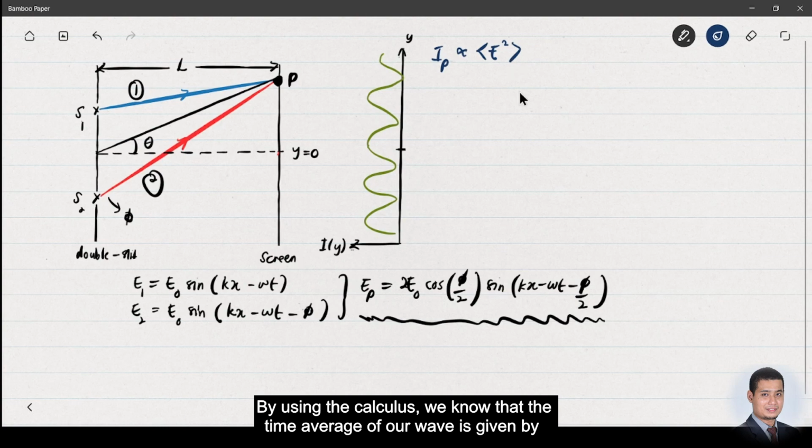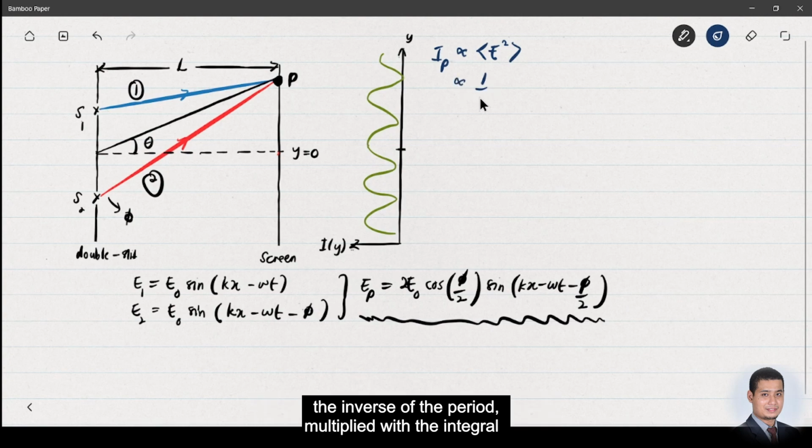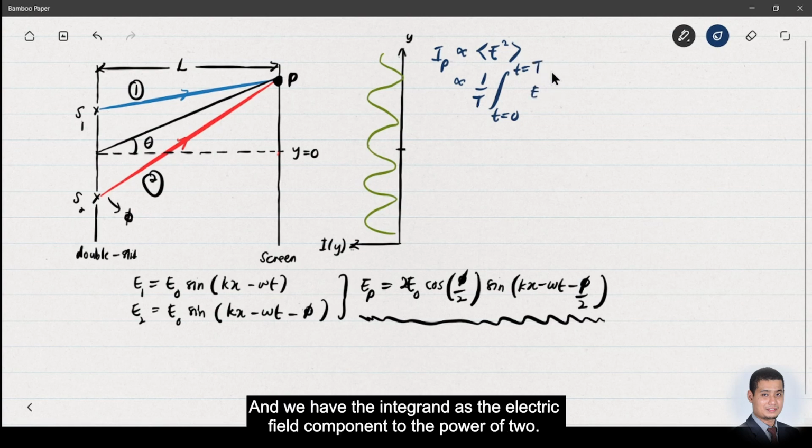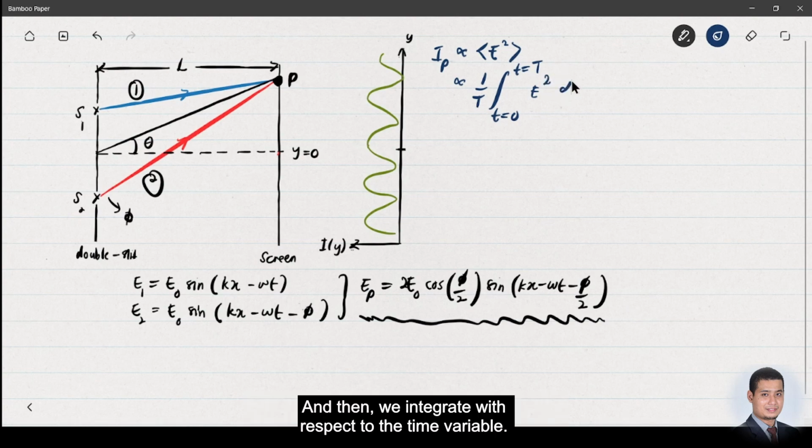By using calculus, we know that the time average of our wave is given by the inverse of the period multiplied with the integral from time t equals 0 to the time equals the wave period itself, and we have the integrand as the electric field component to the power of 2, and then we integrate with respect to the time variable.